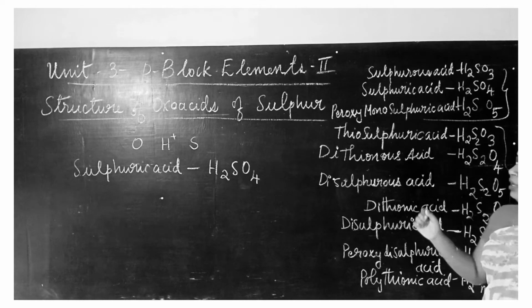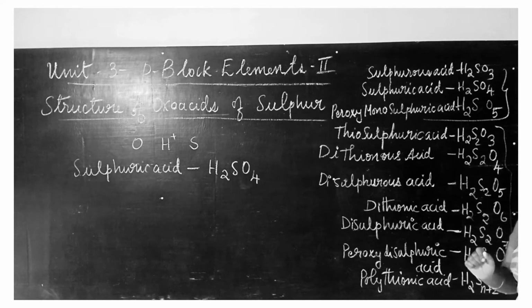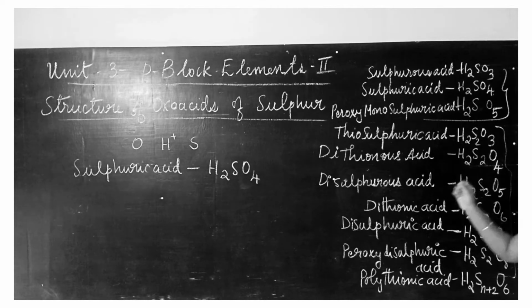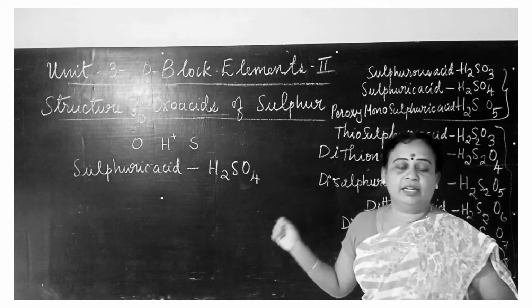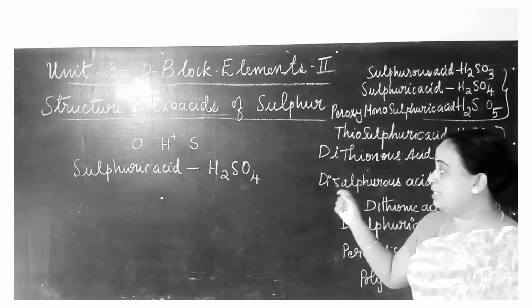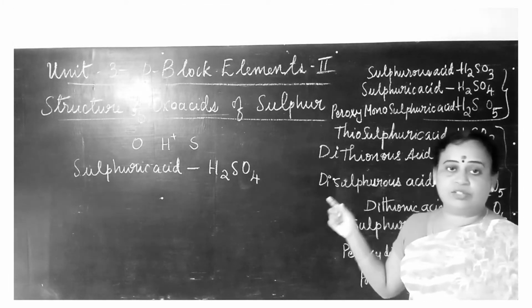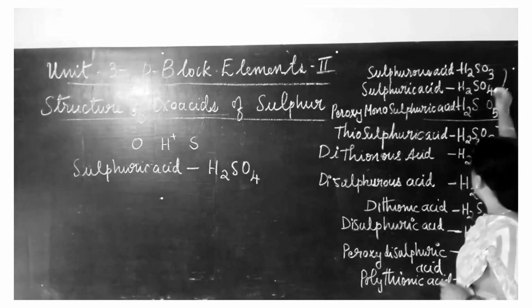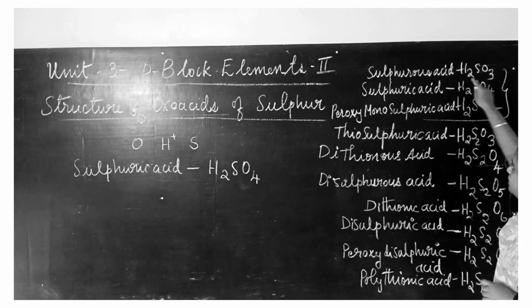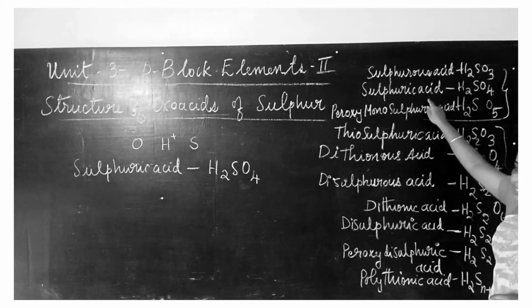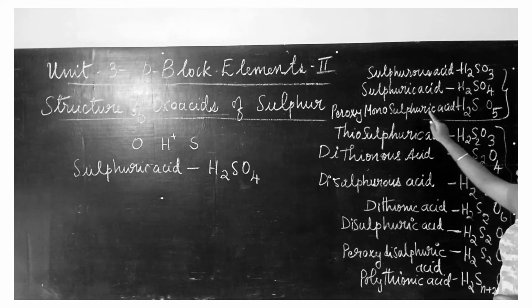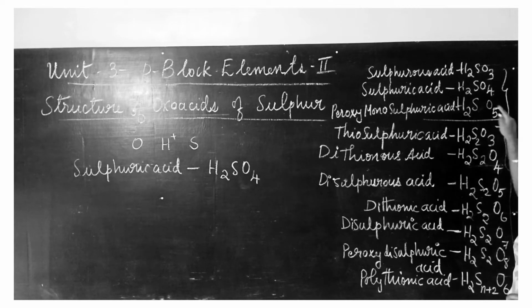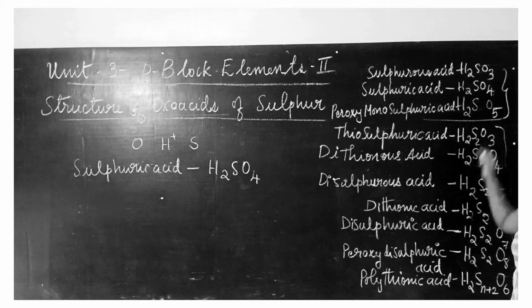First let us look at sulfuric acid, H2SO4, the basic oxoacid of sulfur. Let us learn how the three oxoacids, sulfurous acid, sulfuric acid and peroxymonosulfuric acid, are obtained.